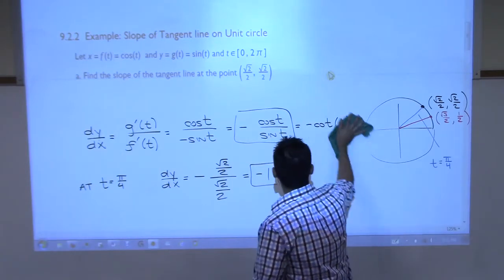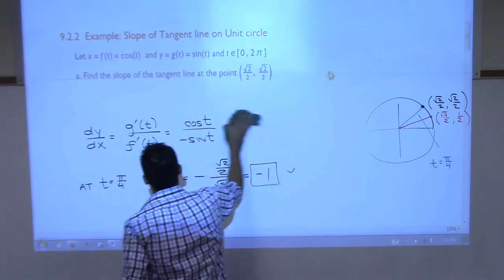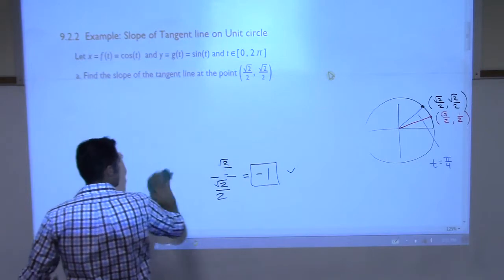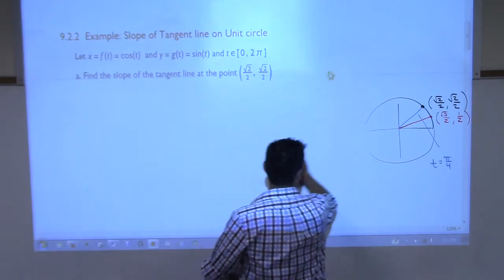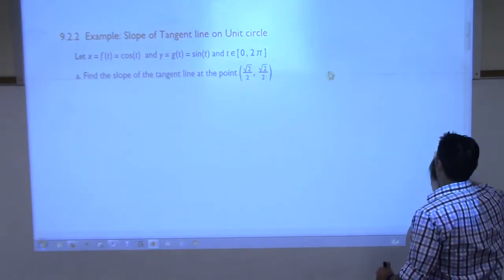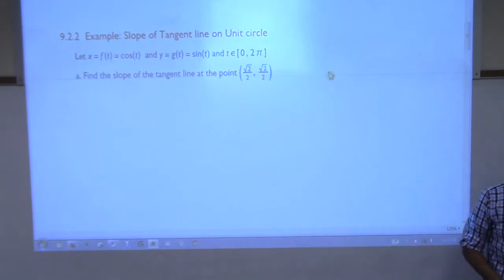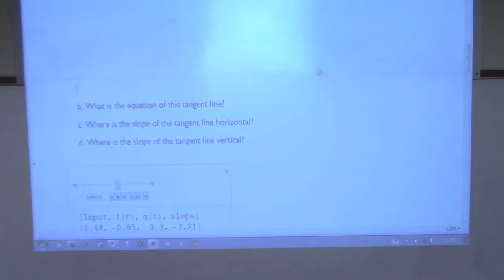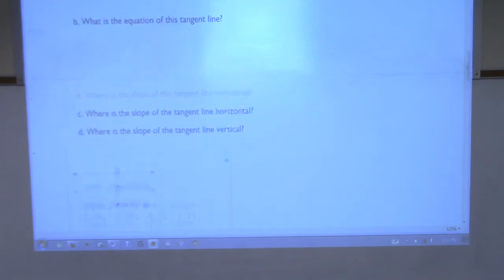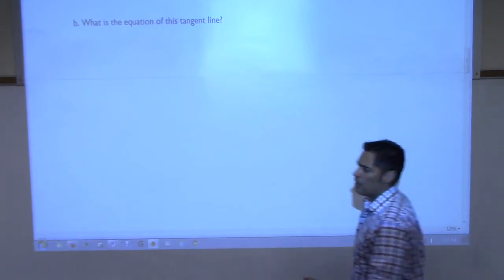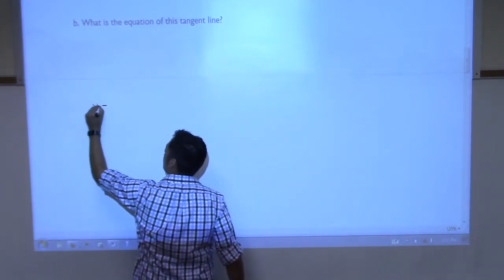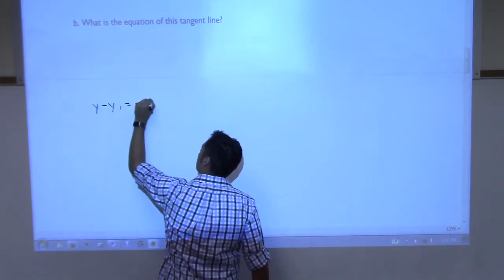The answer to the first question is negative 1. The second question says, what's the equation of the tangent line? Well, we just need to go back and remember how we found equations of tangent lines before. Do you remember what we did? It was just a formula, wasn't it? y minus y1 equals m times x minus x1.